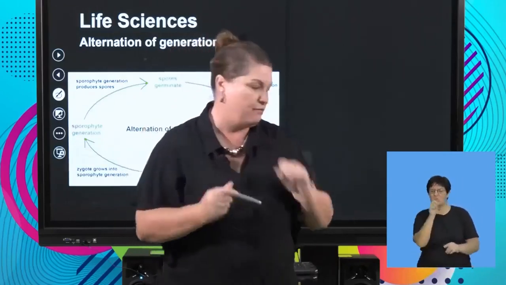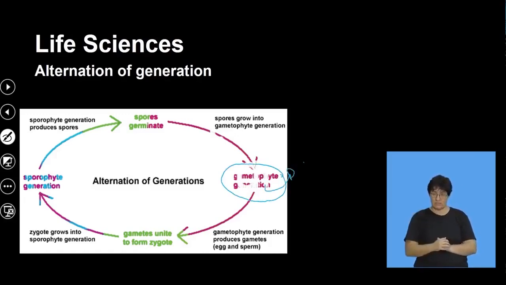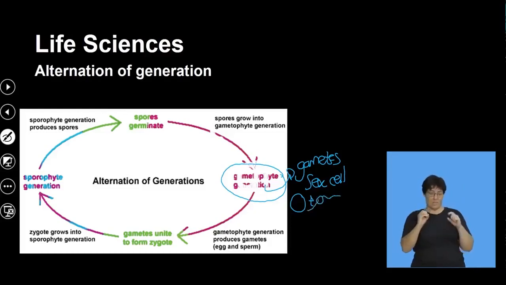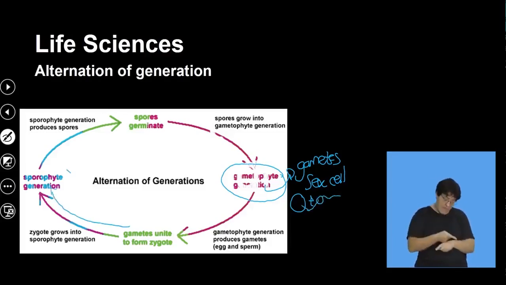One generation is called the gametophyte generation, and this gametophyte produces gametes. A gamete is a sex cell. If I've got a male and a female, say an egg and a sperm, and the gametes fuse, they make a sporophyte generation.